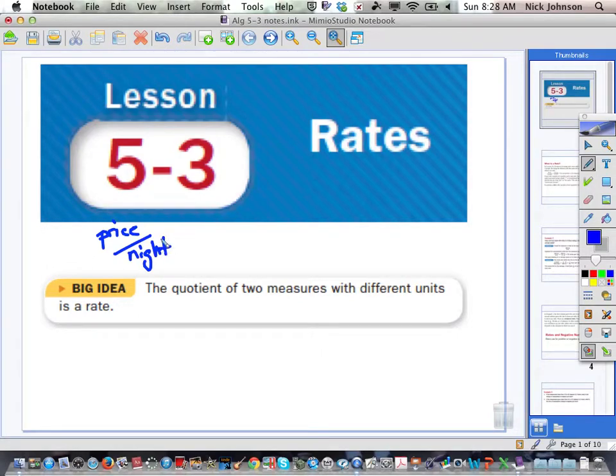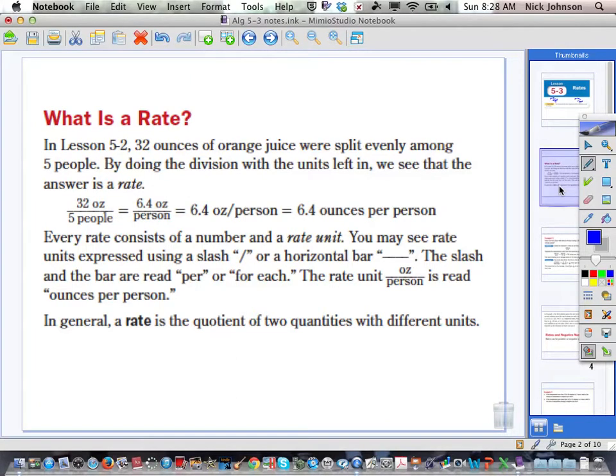You buy a hotel, price per night. Miles per hour on your car is a rate. These are two different units. Price, night. Miles, hour. That's the quotient of two measures with different units. Price per night, miles per hour. What is a rate?